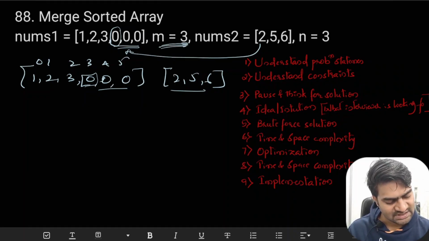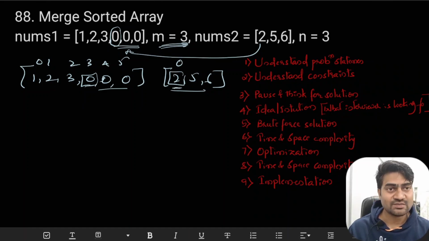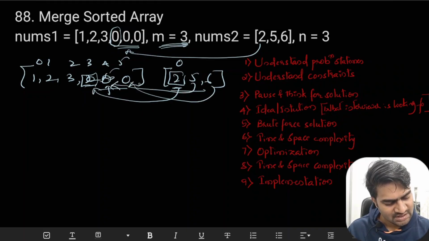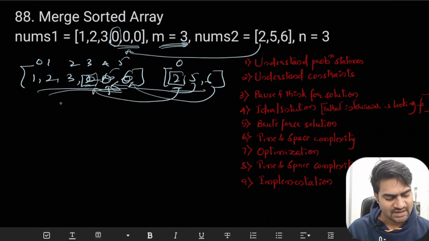So I will start from here, then I'll start from the 0th index of the nums2 array, then I'll copy and move further. So I'll copy 2, then I'll copy 5, then I'll copy 6. Okay, with this I got this array. Then I will use any inbuilt sorting method, basically not technique, it is the sort method. So I will sort this nums1.